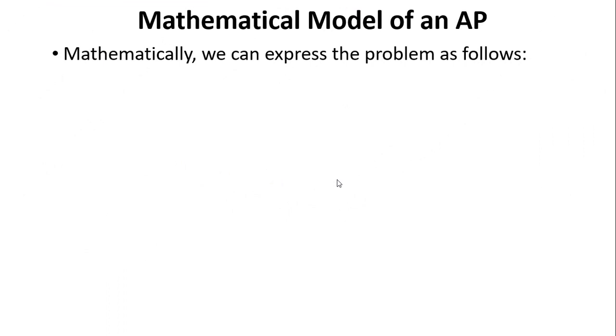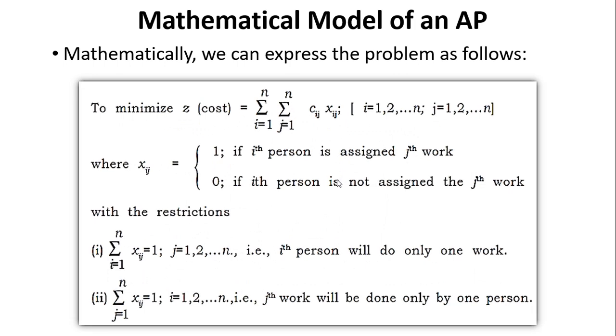Now, a mathematical model of an assignment problem basically is represented as follows: that you have the minimization function, that is the summations of the product between the cost and the associated assignments, as i varies from 1 up to n and j varies from 1 up to n, where this xij can take one of the two values. The xij can be 1 if the ith person is assigned jth work, and the xij can be 0 if the ith person is not assigned the jth work.